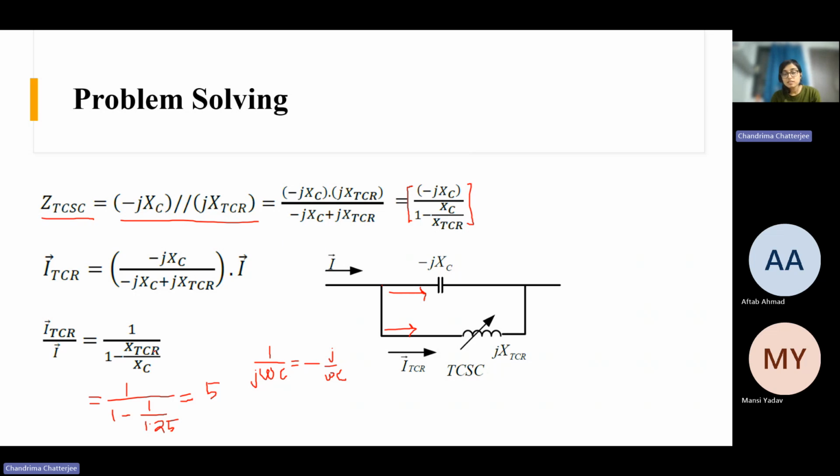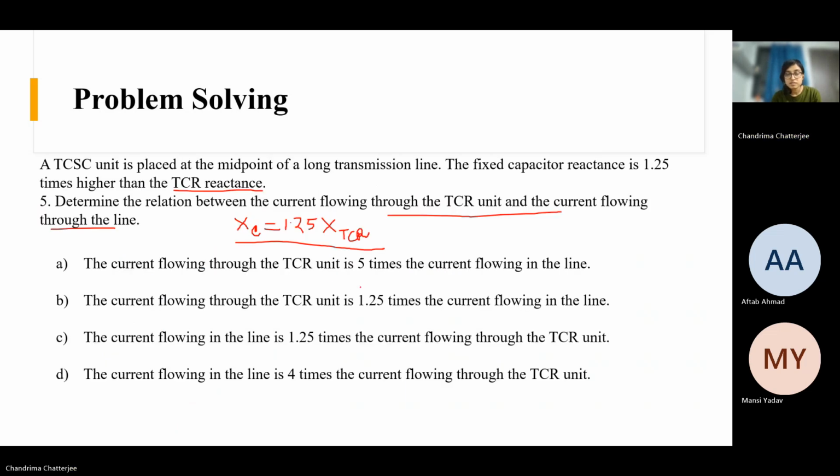What does it tell? The TCR current, the current in this branch, is 5 times the line current. So option A is correct.